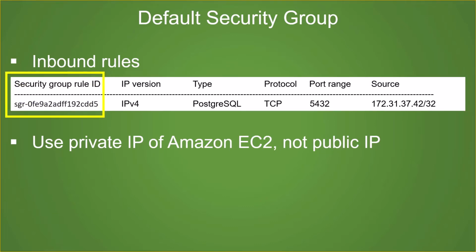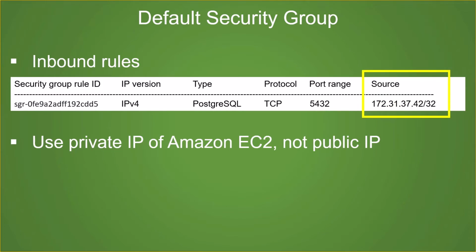Security group rule ID is automatically generated and is something like this. IP version is IPv4. Type is PostgreSQL. Protocol is TCP. Port range is 5432.